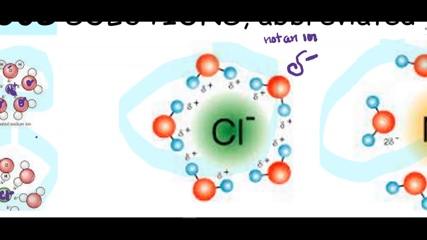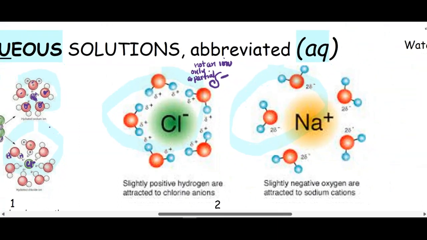Not an ion. Only a partial charge. It's not anything like a +1 or a -1. Only a partial. It's a fractional charge. All right? And the same thing happens with sodium. So it's the slightly negative oxygens attracted to the sodium cation.